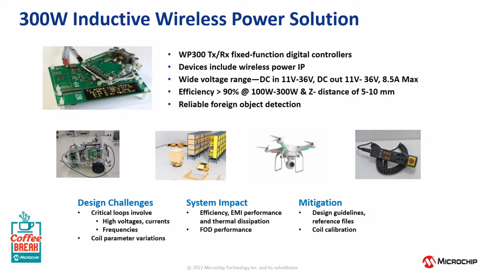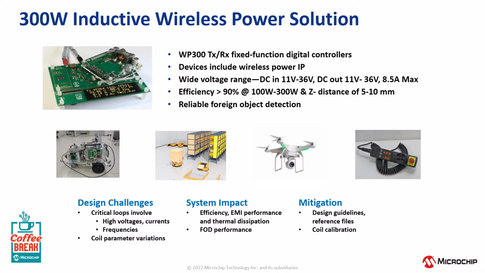Okay. So while there are some real benefits with this solution, obviously there are some challenges. This is a little bit different from the 15-watt solution that I talked about earlier, because the 15-watt solution is a little bit better understood. In this 300-watt solution, the voltages and the current levels are a lot higher, and there are some challenges that really need to be addressed.